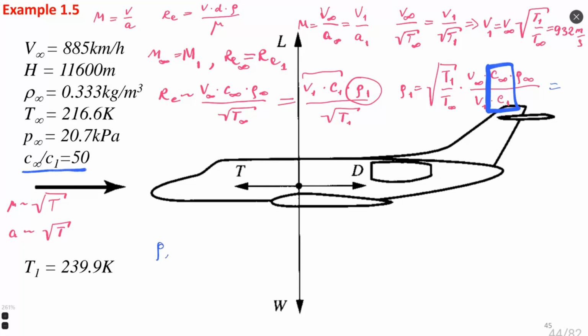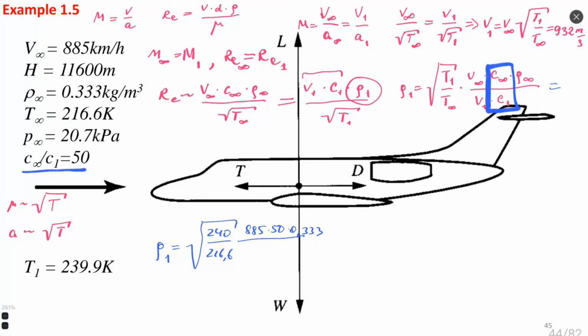So density 1 would be equal to square root of 240 divided by 216.6, and here V infinite 88550, and the density is 0.333 kilogram per meter cubic for this altitude.